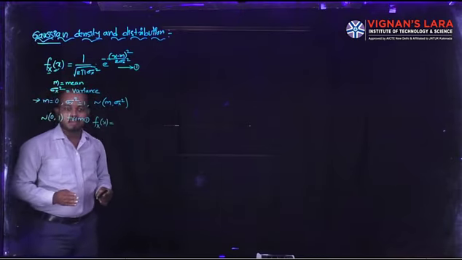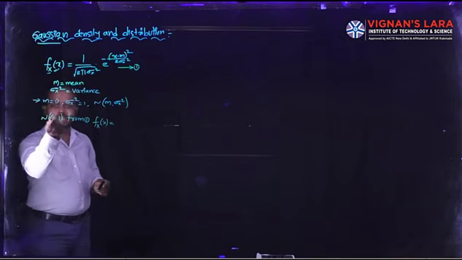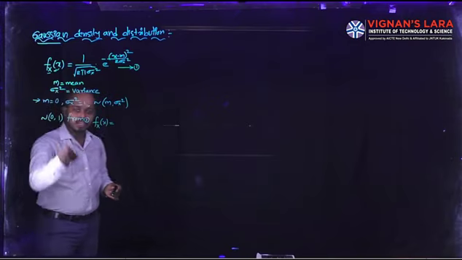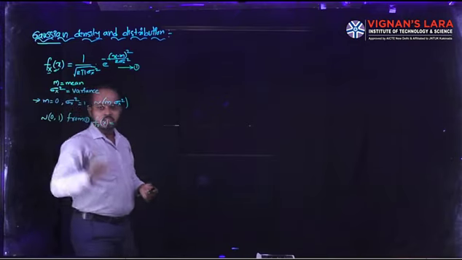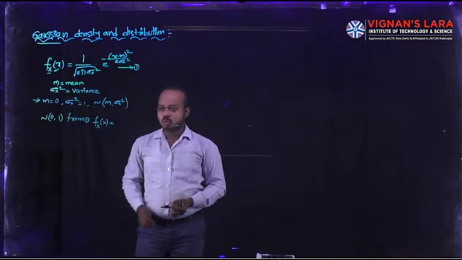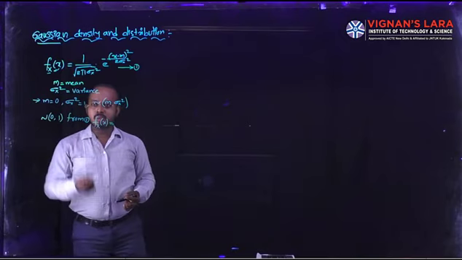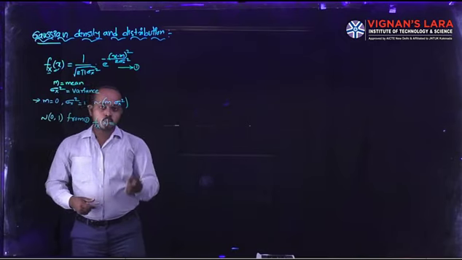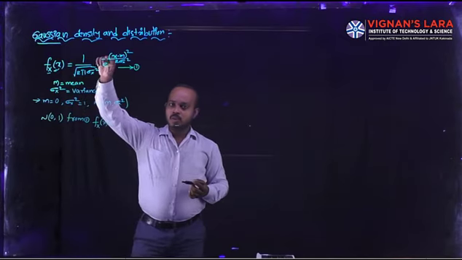Where the mean m appears, we keep the value 0, and where the variance appears in this equation, we keep the value 1. I am substituting these two values, m and sigma_x square, in equation 1.